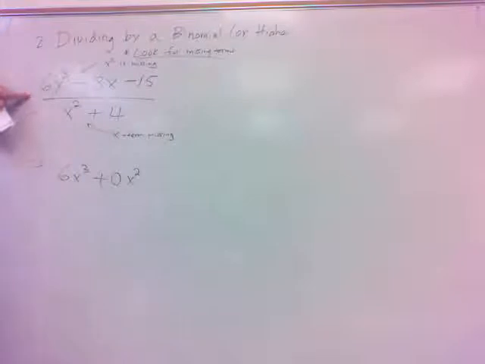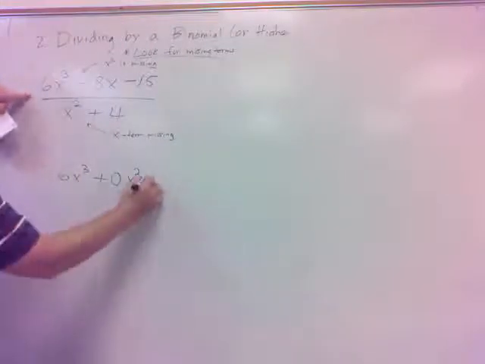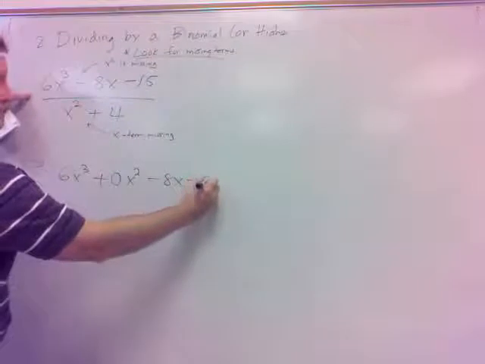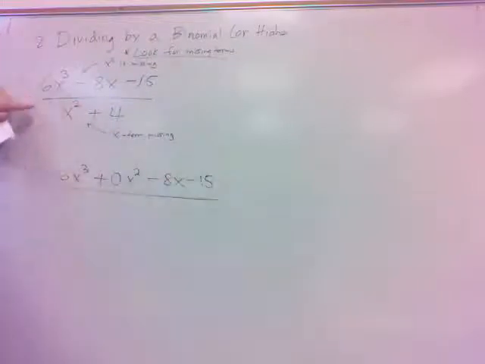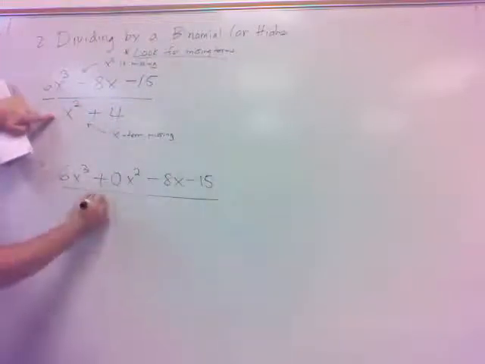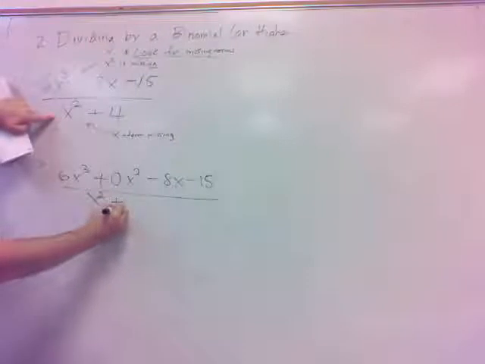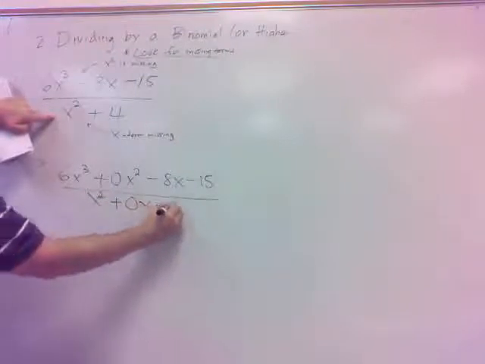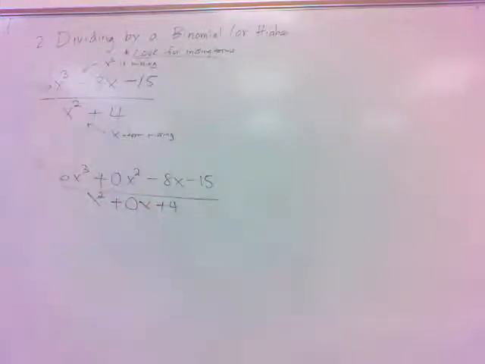Because 0 times anything is 0, so essentially I've added 0 to this. But it'll help out if I do that. So what am I going to do on the bottom? X squared plus 0x. So yeah, any term that's missing, just put it in there with a 0 coefficient. And that'll make things all line up better.